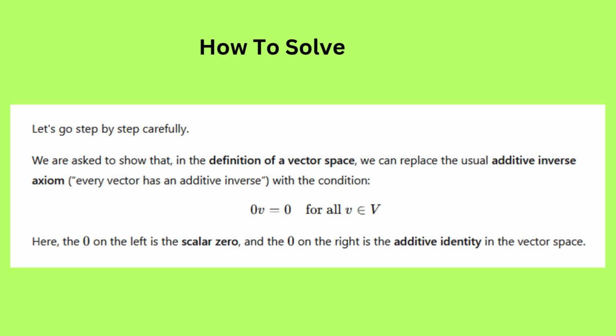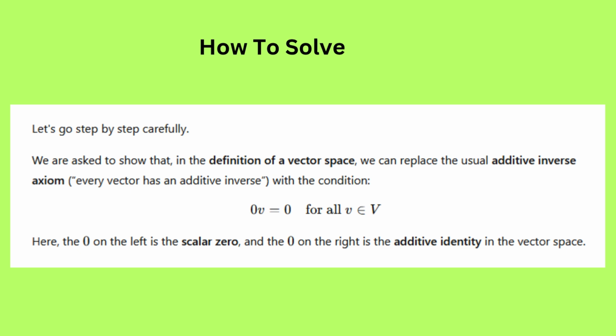We are asked to show that in the definition of a vector space, we can replace the usual additive inverse axiom, every vector has an additive inverse, with the condition 0v equals 0 for all v in this vector space. Here the 0 on the left is the scalar 0, and the 0 on the right is the additive identity in the vector space.